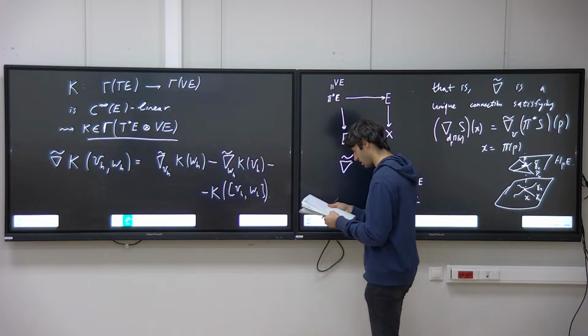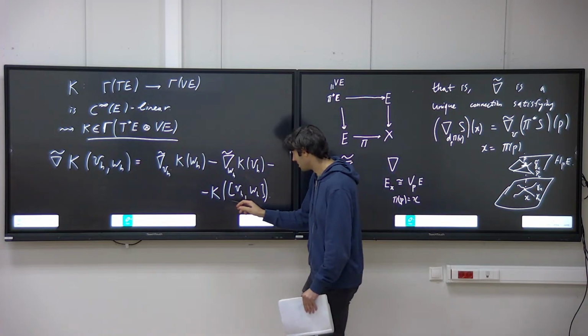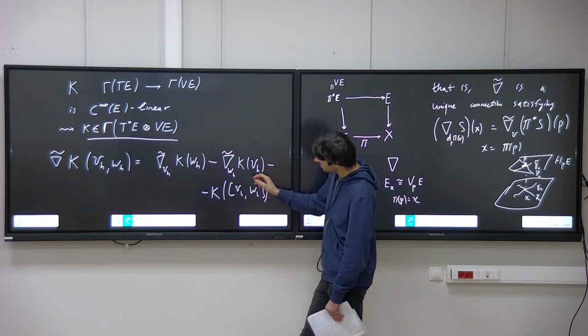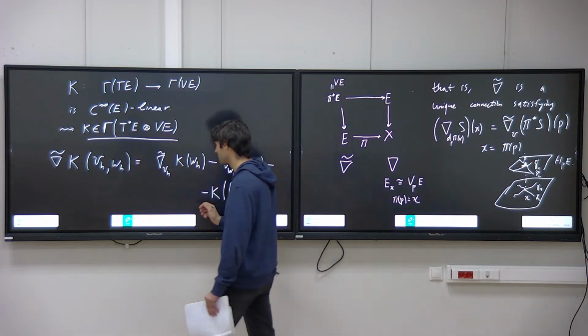Right. So on the right hand side, I already have what looks like the curvature, right? And that's the main point.